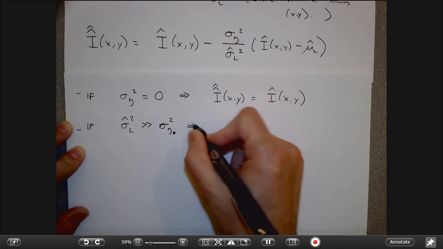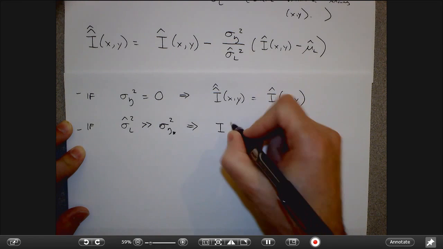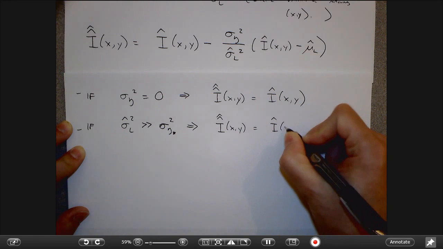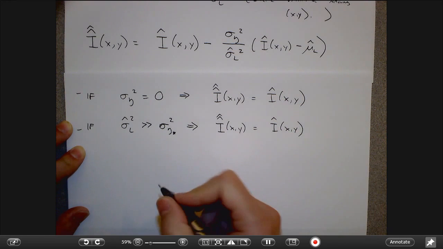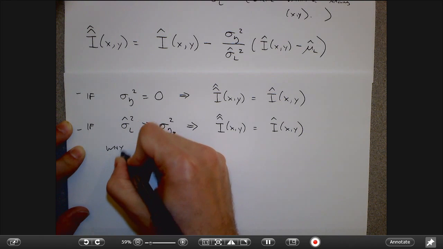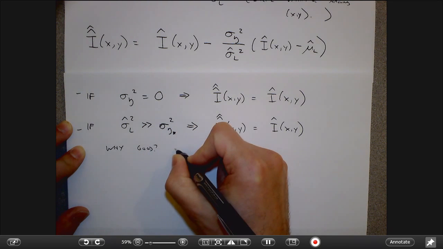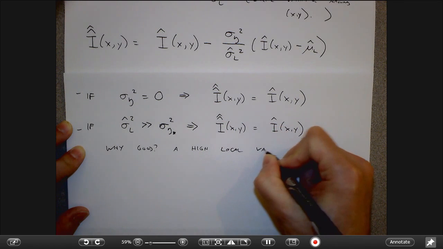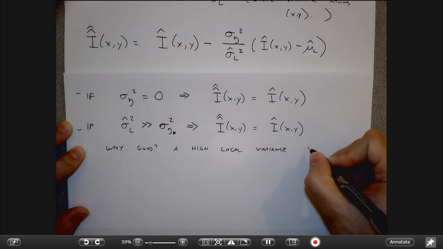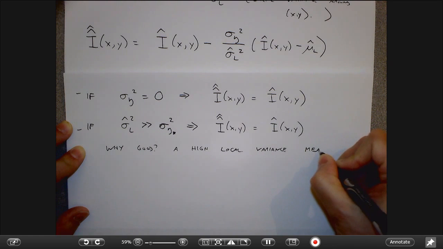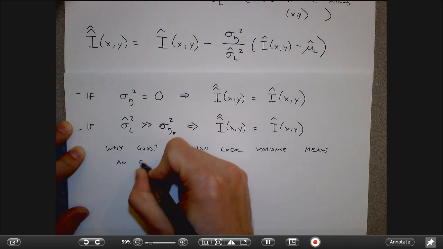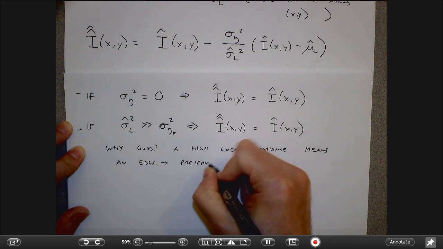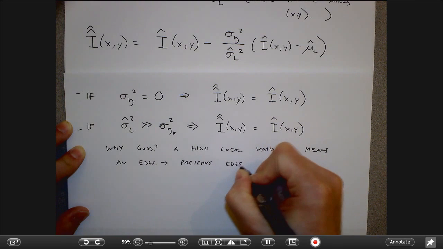So this whole other term goes away, which means my estimated output is pretty close to my estimated input. And why is this good? Because a high local variance probably means an edge is present, and we want to preserve edges.